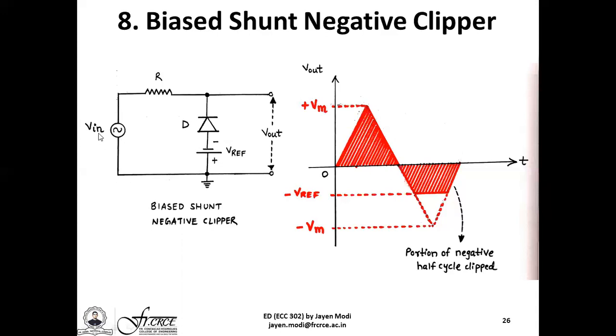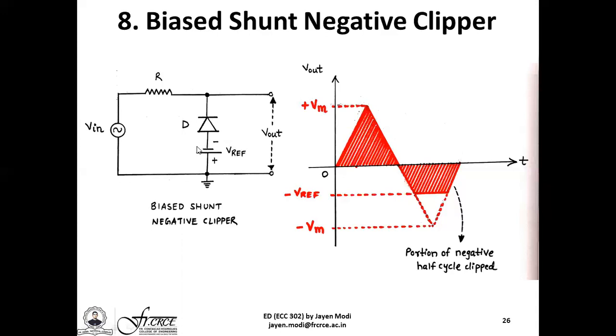For the input AC signal negative half cycle, the topmost part is minus, the bottommost part is plus. Minus is connected to cathode. Yes, there is a chance for the PN junction diode to become forward biased, but this diode can only turn on when the input signal negative half cycle becomes more negative than the DC reference voltage connected here as minus Vref.